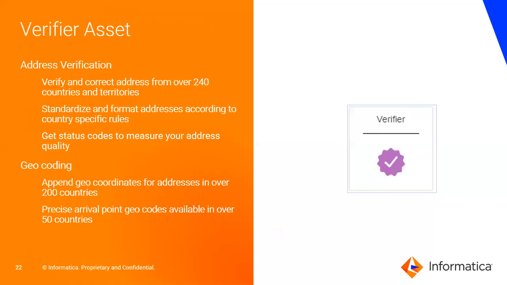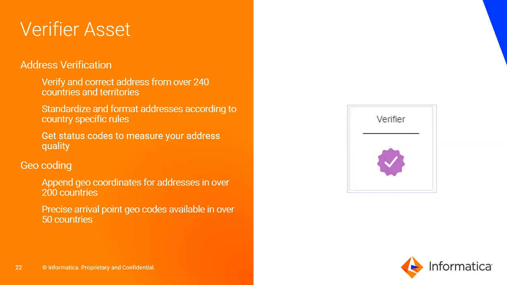So in cloud data quality, we have the capability of address verification using the verifier asset. So you could not only standardize and format the address, but you could also enrich it. You could correct the address, and we would be able to correct addresses for about 240 plus countries, and enrich for 200 plus countries.